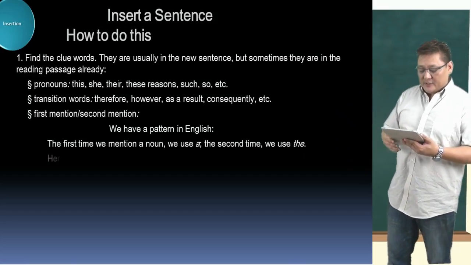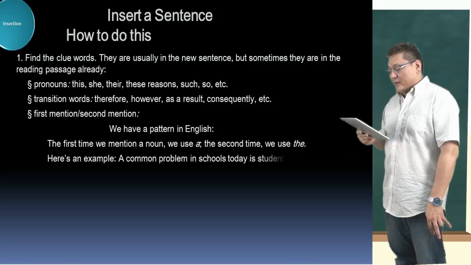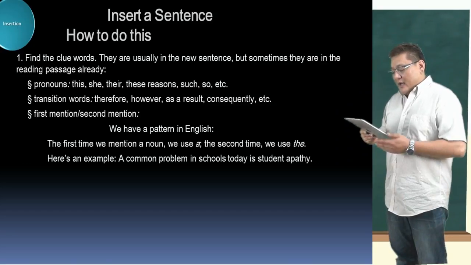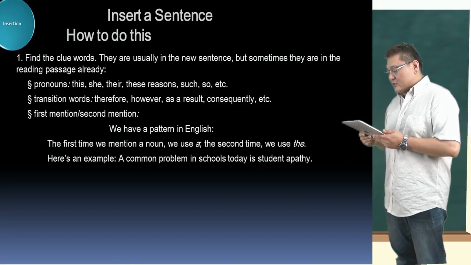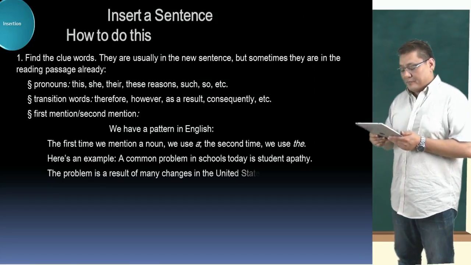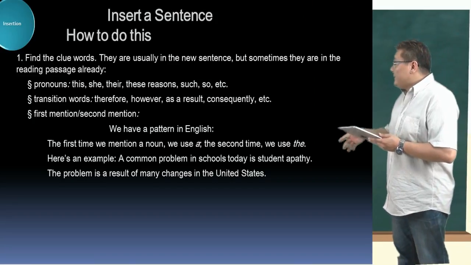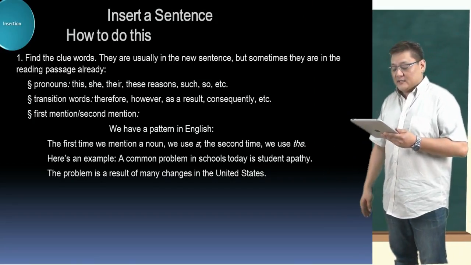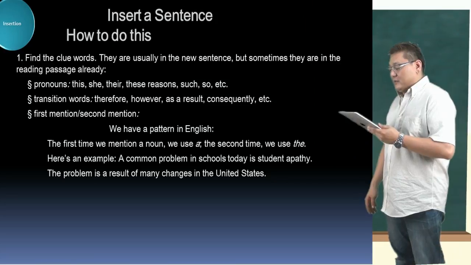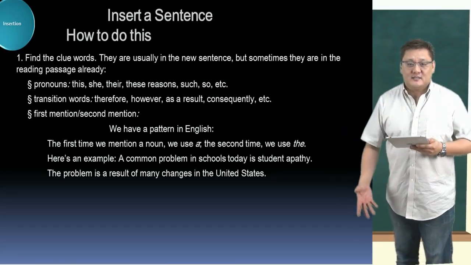Example of this is here. The first time we mention the noun, right? So here we go. A common problem in schools today is students' empathy. The problem is a result of many changes in the United States. Now, if I use our continuously, it sounds like this. Our common problem in school today is students' empathy. Our problem, it sounds ridiculous.